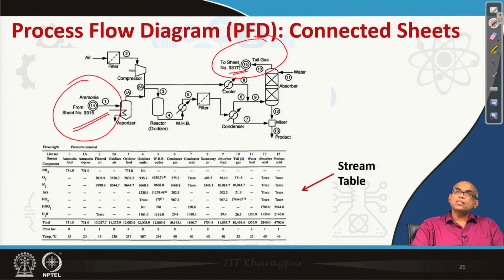So, there are several sheets which are connected and this is how the connected sheets are represented. So, it shows from which sheet it is coming and from which sheet to which sheet it is going, and these are the associated streams with the process, and the informations about the streams are supplied in terms of stream table.